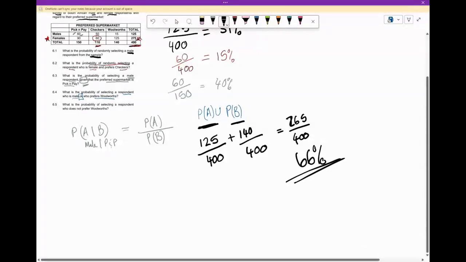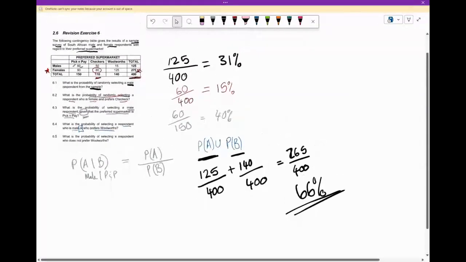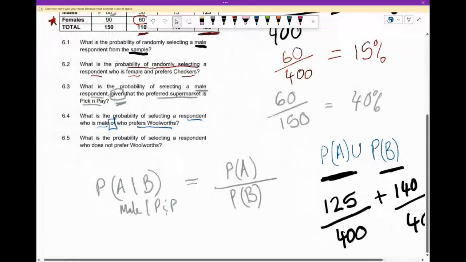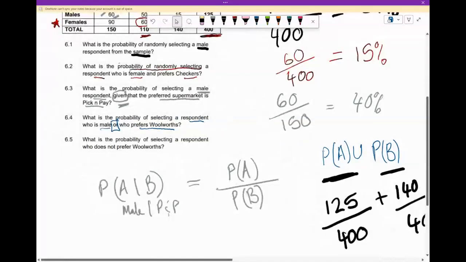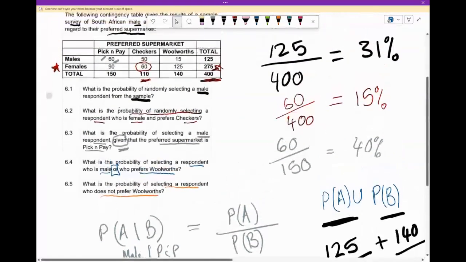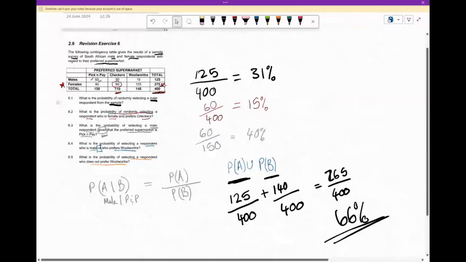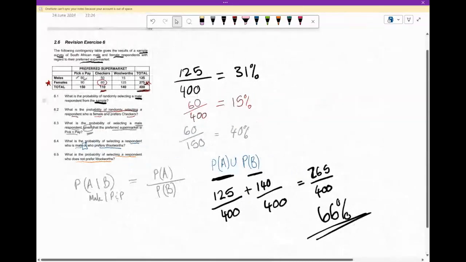Right. Last one. Then we can go and check these stores and see who is the most expensive. What is the probability of selecting a respondent who does not prefer Woolworths? Who does not? So is it going to be 400 minus 100? Yes, you could do that. Or you could just say 150 plus 160. Either way, over 400.